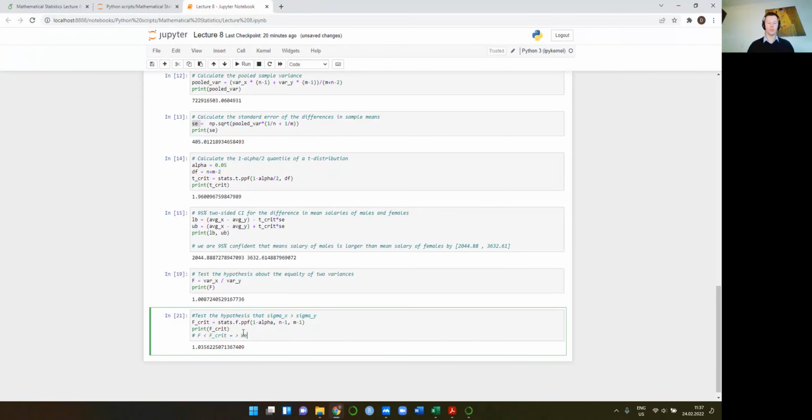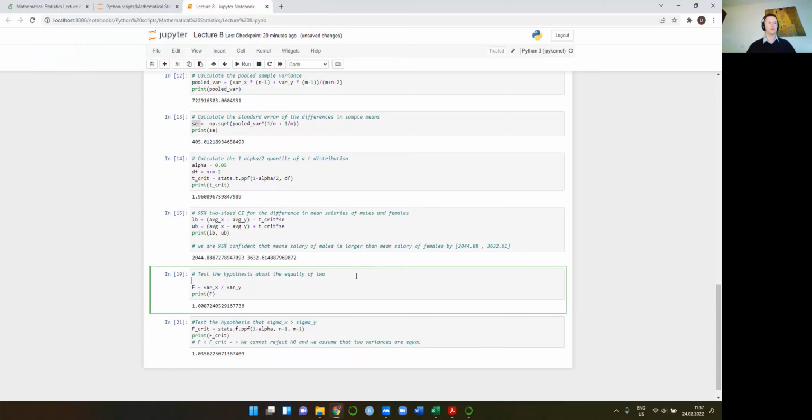Therefore, we cannot reject H null, and we assume that the two variances are equal, right? Because this assumption is not disproven, so we cannot reject this assumption.